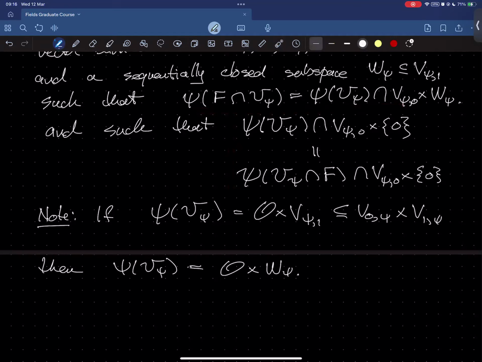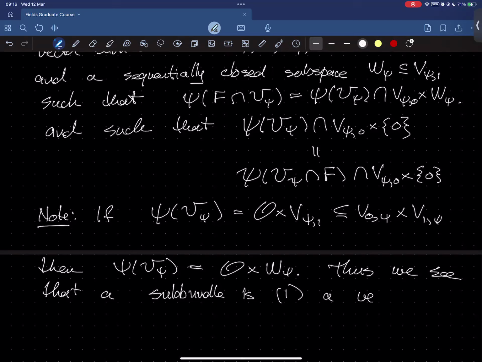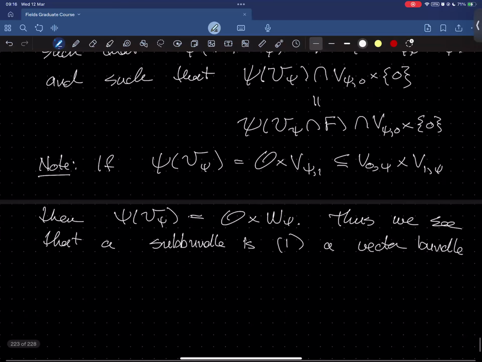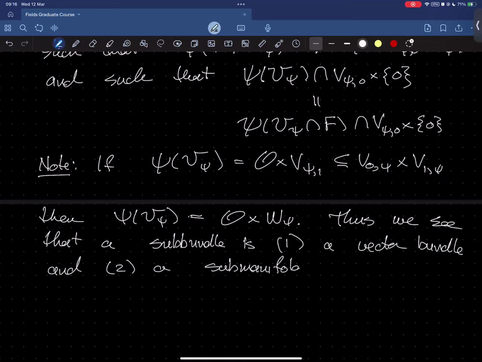Okay, so if you use these two conditions, so thus we see that a subbundle is two things immediately. It's itself a vector bundle, and a submanifold of E. Okay.